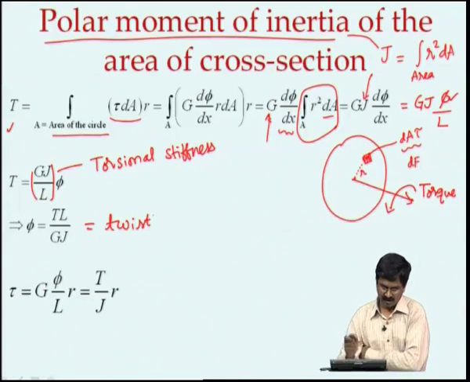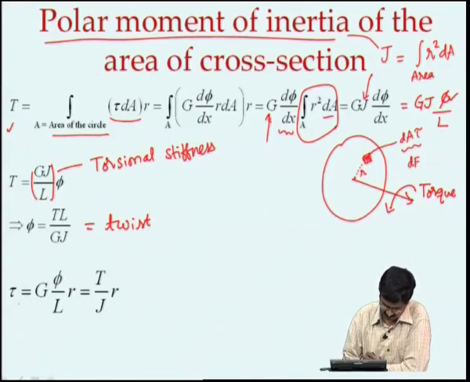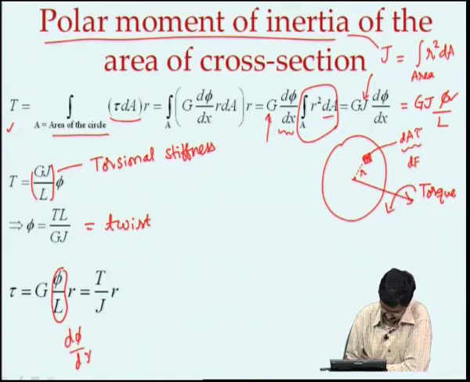Okay. And now, at any r, if we want, we go back to the relationship we had, tau equal to G times d phi by dx. Instead of d phi by dx, we have put phi by L, which we had discussed over here.